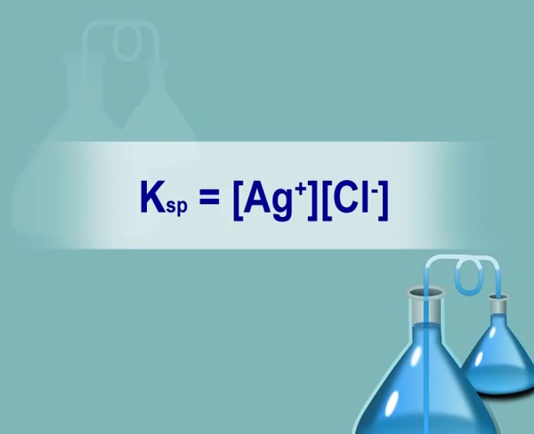The higher the solubility product constant, the more soluble the compound. The solubility product constant, or Ksp, of silver chloride is given by the expression Ksp equals Ag+ times Cl-.